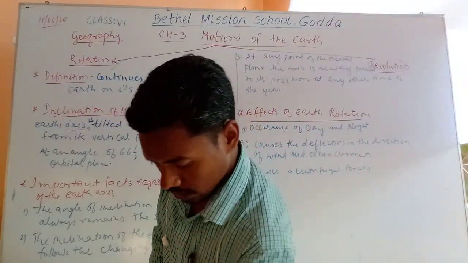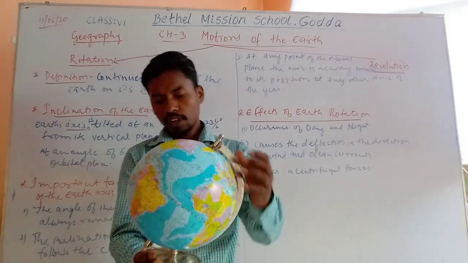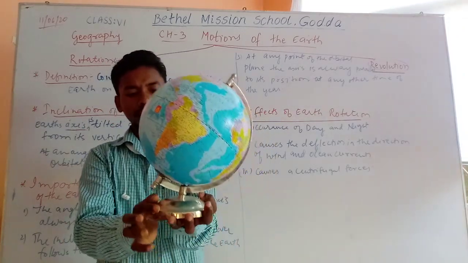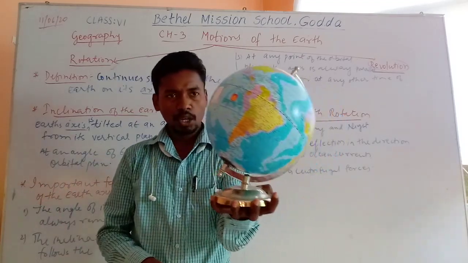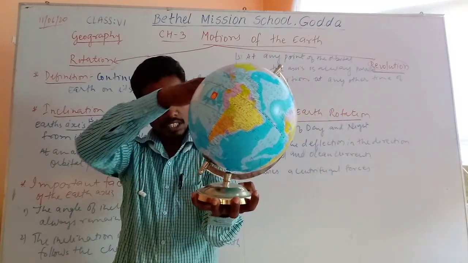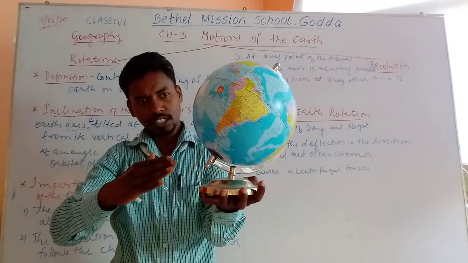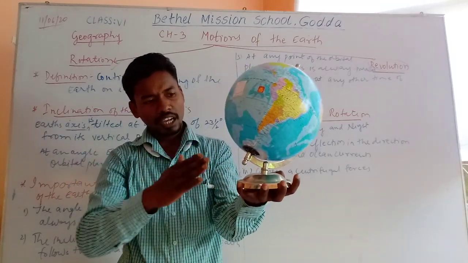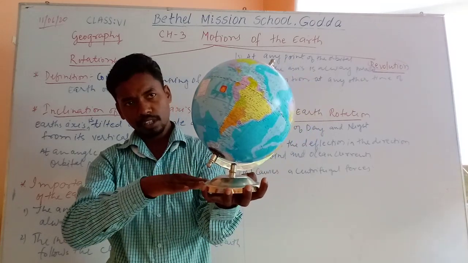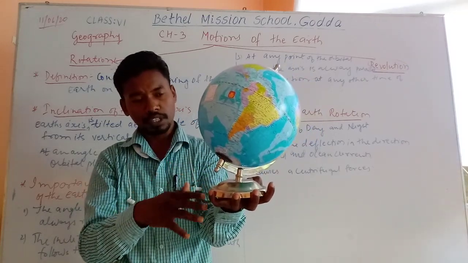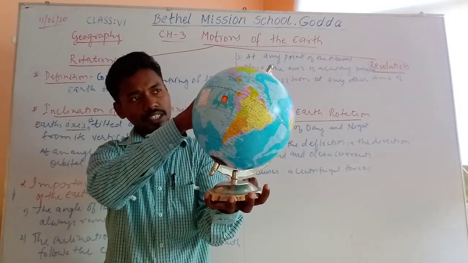As we see here in this globe, if we consider that this is standing on the Earth's orbital plane, and this is the axis, it is tilted at a certain angle from the orbital plane. So it is inclined.